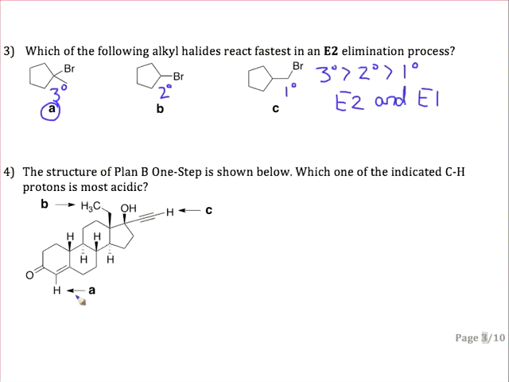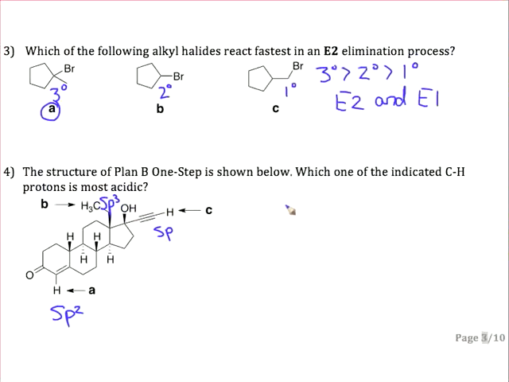And if we look at A, this carbon that the hydrogen is attached to is sp2 hybridized. For B, the carbon that these hydrogen are attached to is sp3 hybridized. And for C, the carbon that this hydrogen is attached to is sp hybridized.